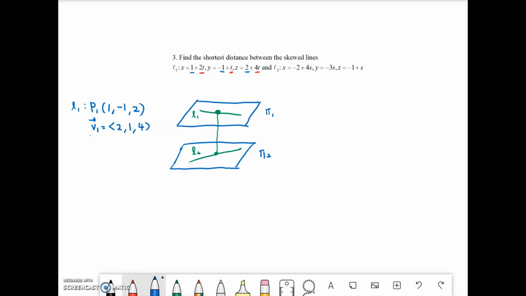So the vector v1 is parallel to L1. If I draw this, it looks something like this. And our v2 is parallel to line 2.